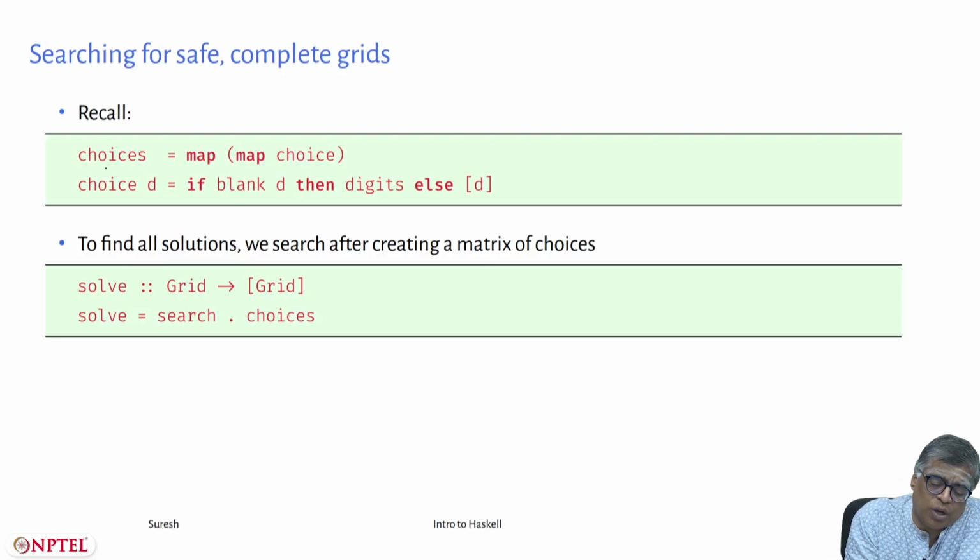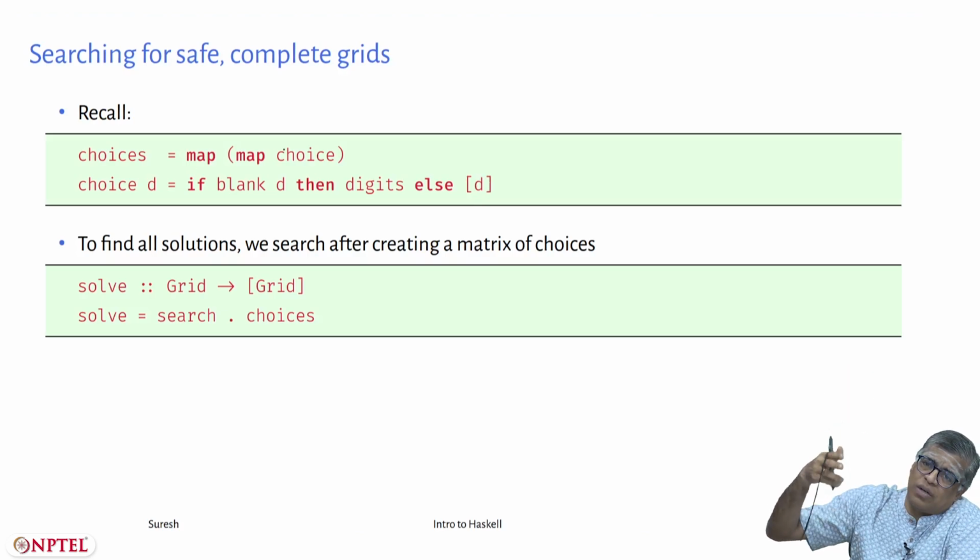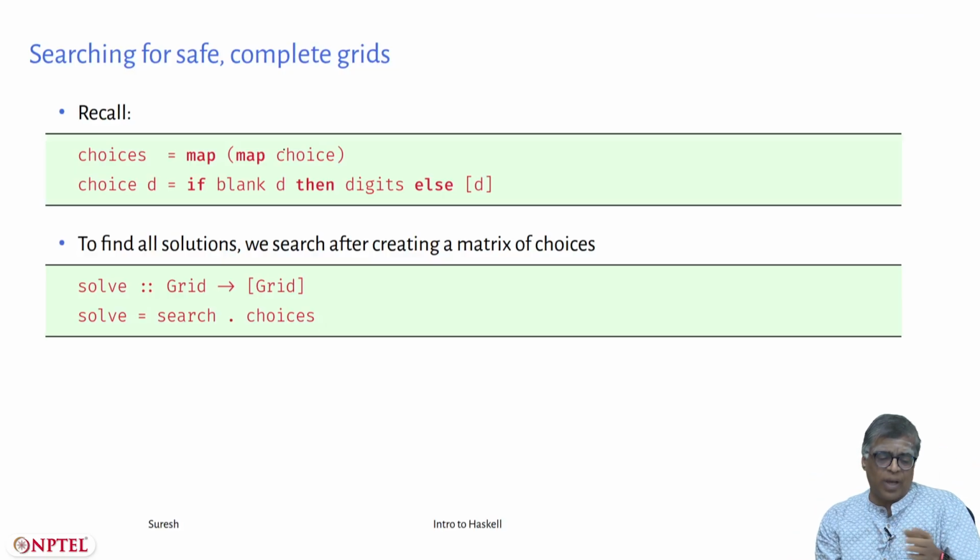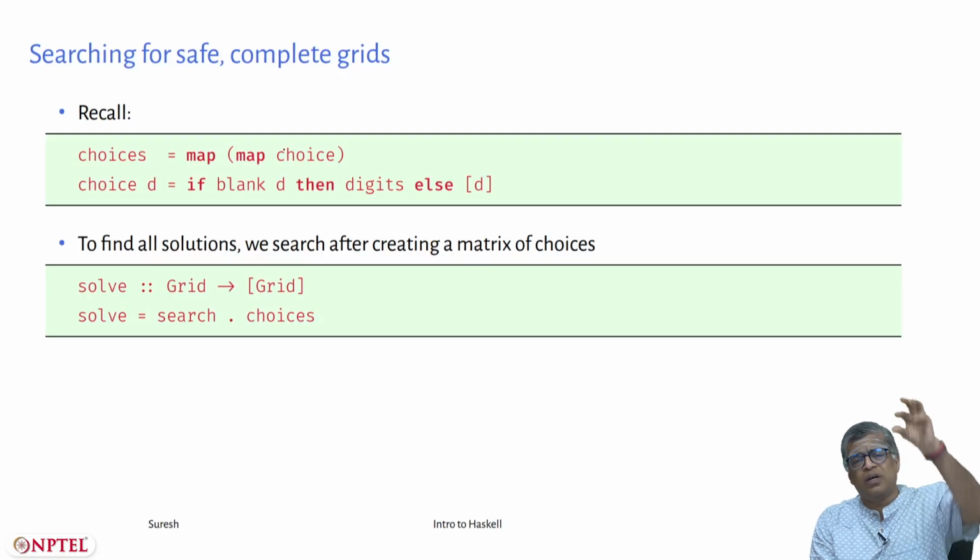Now recall that choices is this function: if blank d then digits else singleton d, and then we did map of choice. You start with the first grid that is presented to you and apply the choices function. What it will do is go to each blank entry and replace it with a list of digits, and then you start your search procedure. The search procedure searches for a valid complete grid that extends the current grid.